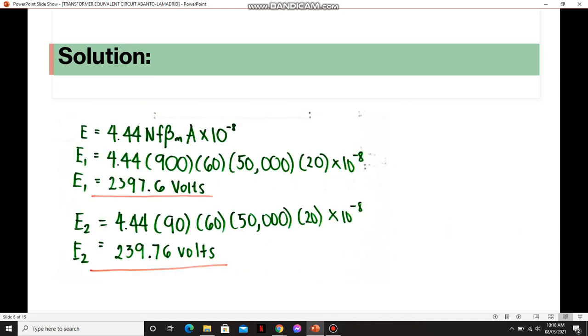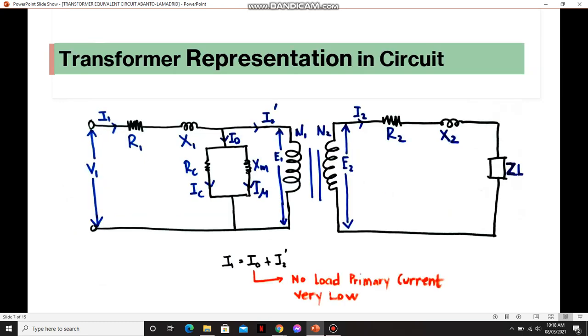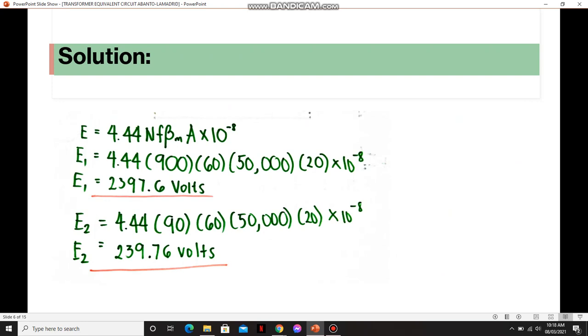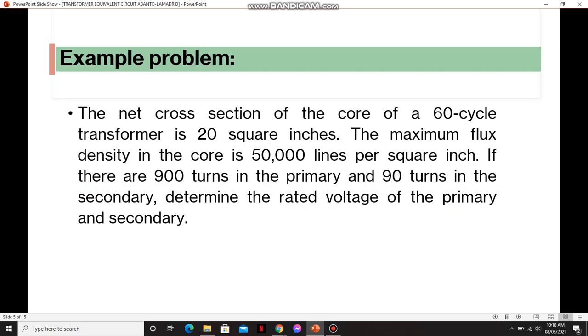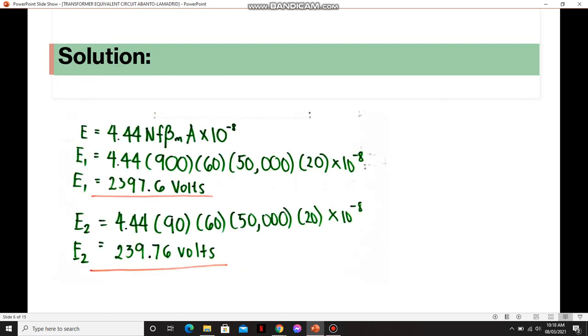For 900 turns, we have 1,397.6 volts. And for 90 turns, we have 209.76 volts. So that's it. Then, determine the rated voltage of the primary and secondary.